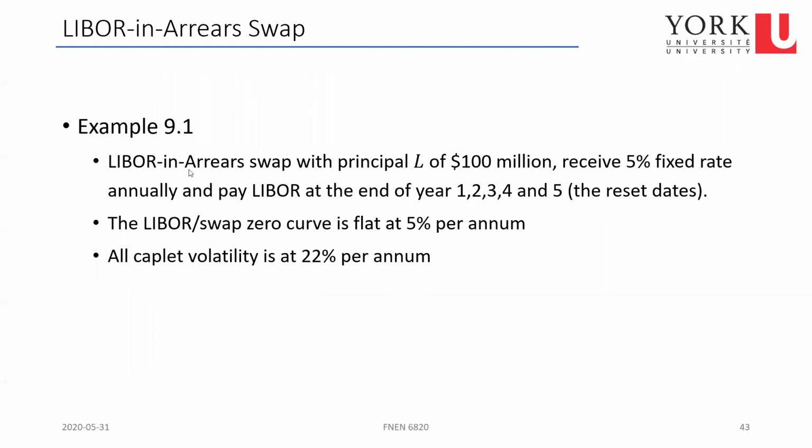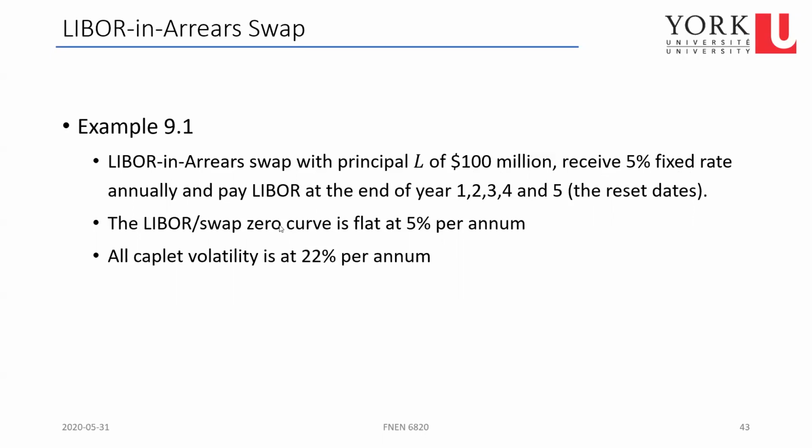If you have a LIBOR in arrears swap with a principal of 100 million, the fixed rate is receiving 5%, an annualized rate, and you pay LIBOR at the end of years 1, 2, 3, 4, 5. In the first year, you would observe and get paid based on that rate right away.